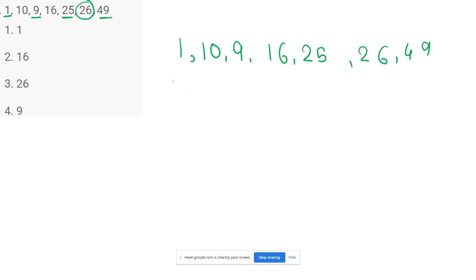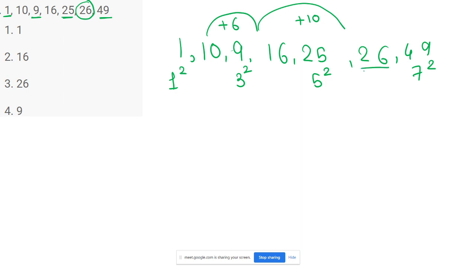They are perfect squares. 1 square was there, then skipping one, 3 square, 5 square, 7 square. One more thing somebody identified: the first time +6 is happening, the second time +10 is happening, so according to them, this must be the wrong term. Right? According to the pattern you thought of, 26 could be the one.